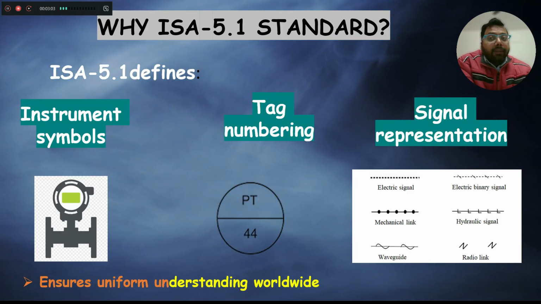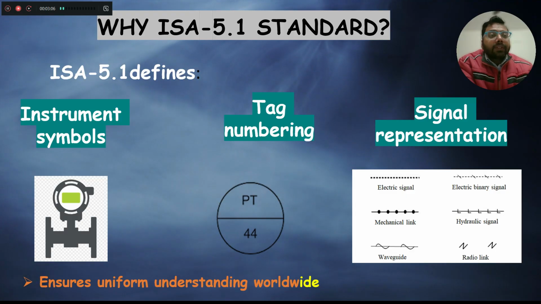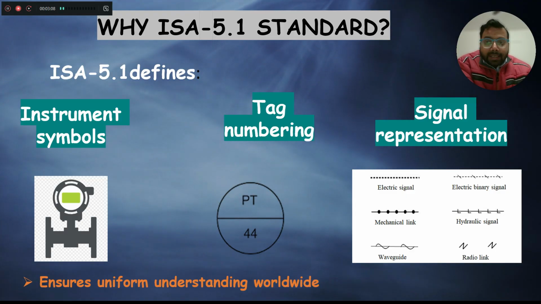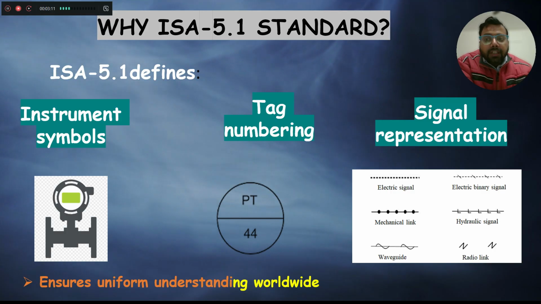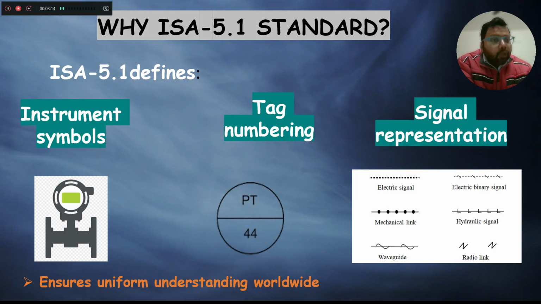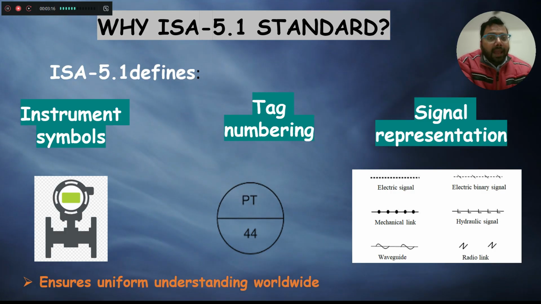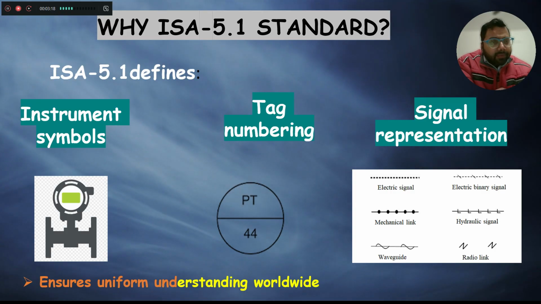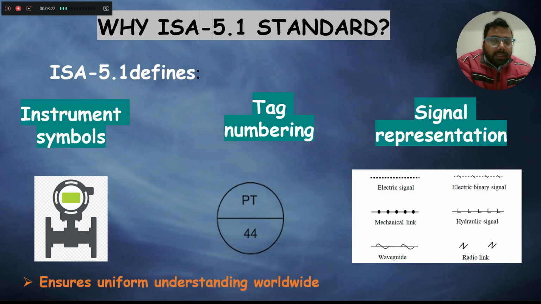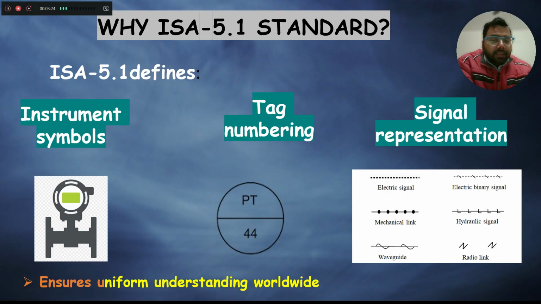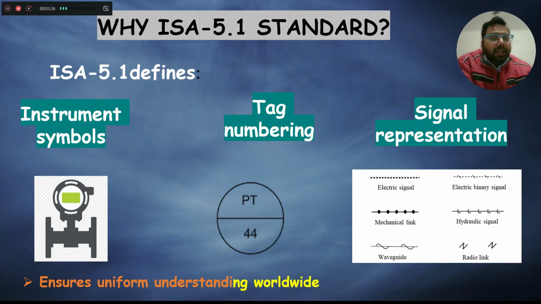Now, why are we using the ISA 5.1 standard? Because this standard is applicable all over the globe. That means whatever instrument symbol is represented here, whether you are reading in India, Africa, Asia, or America, the symbol remains the same throughout the region. It doesn't matter where the location is.